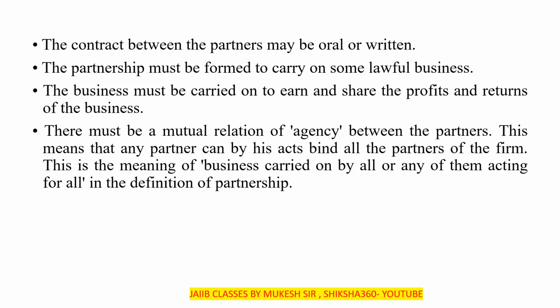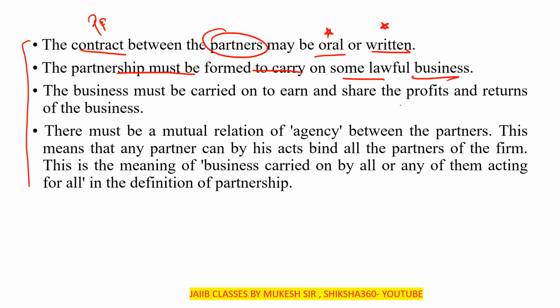Next one, a little bit more regarding the partnership. The contract between the partners in the partnership firm may be oral or written, clear? The partnership must be formed to carry on some lawful business.